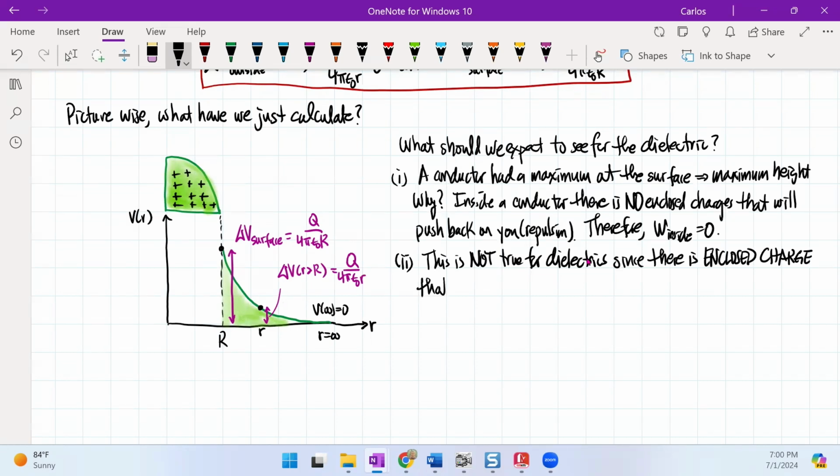That will push back on you. They're definitely going to push back on you.